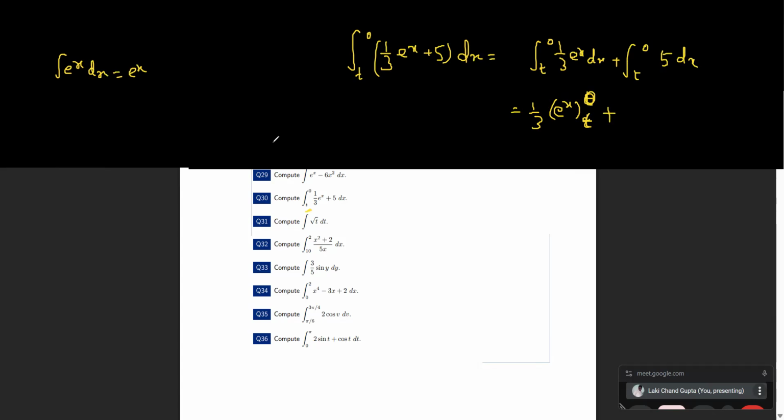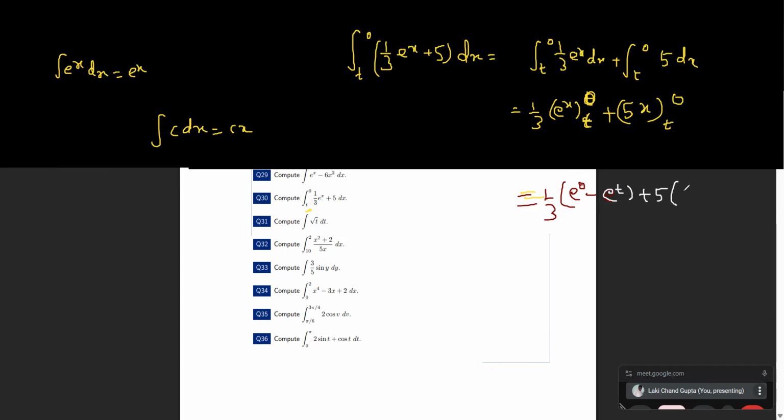plus integration of any constant is cx. Constant is what? Any type of number, right? This is a constant. So you can write 5x and the limit goes from t to 0, right? Okay. First, we put the upper limit, e raised to 0 in place of x, and then the lower limit. What is the lower limit?